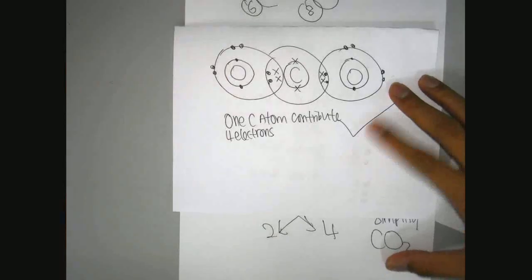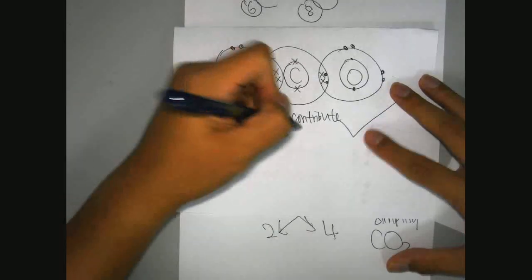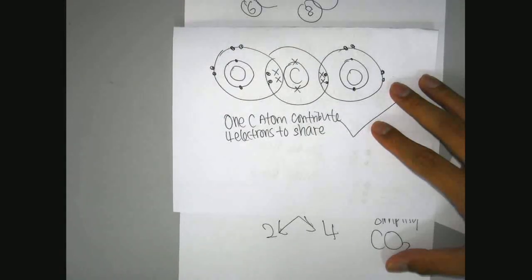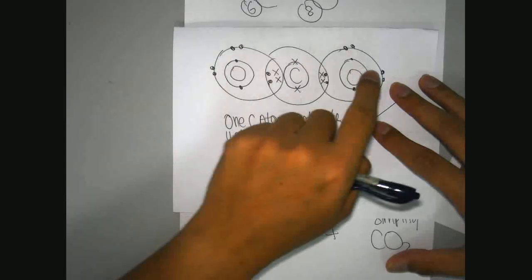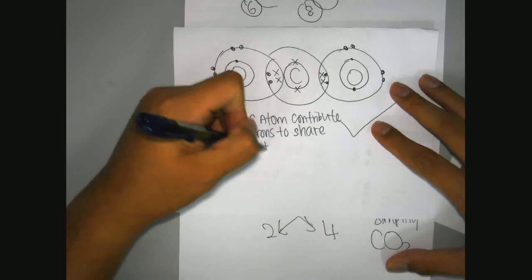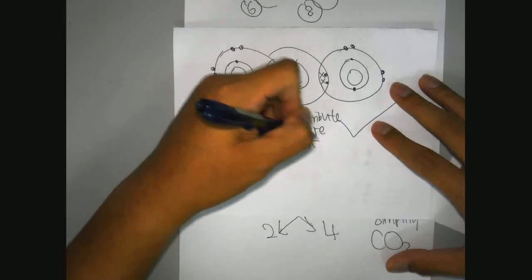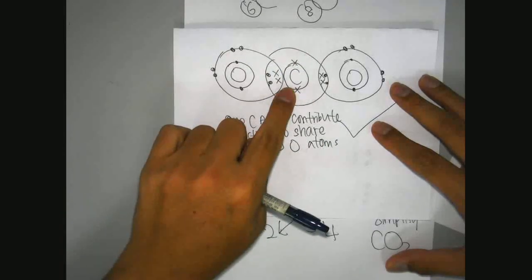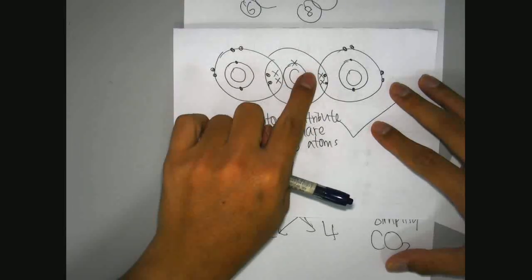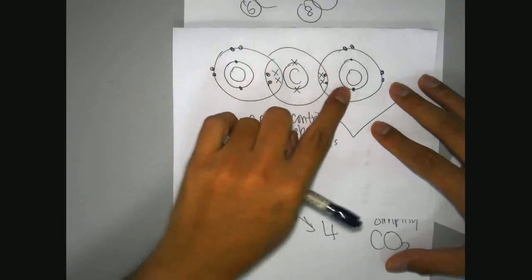These 4 electrons are contributed to share, with this oxygen and this oxygen. There are 2 oxygen here, so you share with 2 oxygen atoms. The carbon contributes 2 and 2, 4 electrons, and these 4 electrons are shared among 2 oxygen atoms.